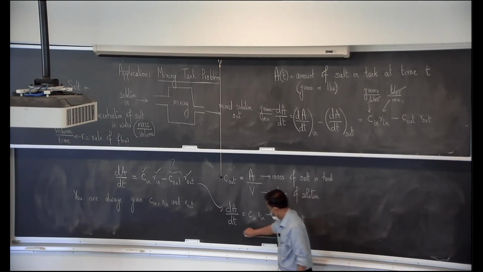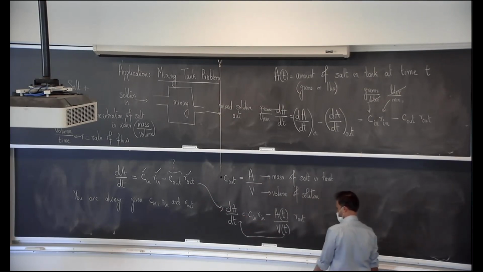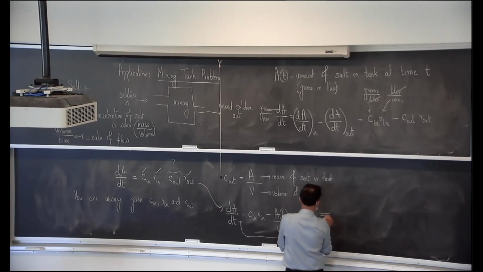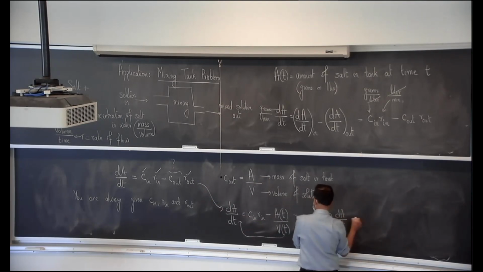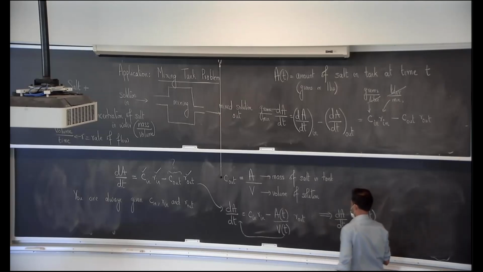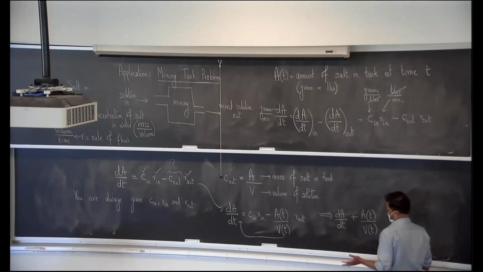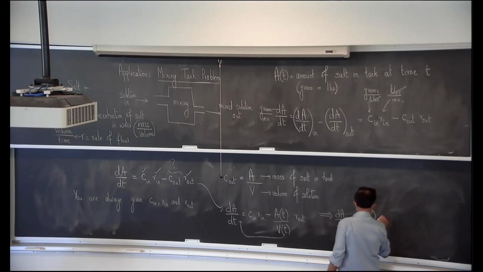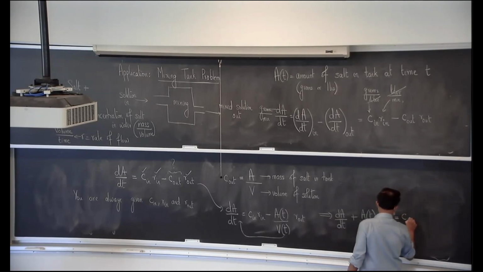If you bring this to the left hand side, you get an equation in the standard form. So you get dA/dt plus A of t over V of t times R out, which is a number, equal to C in R in.